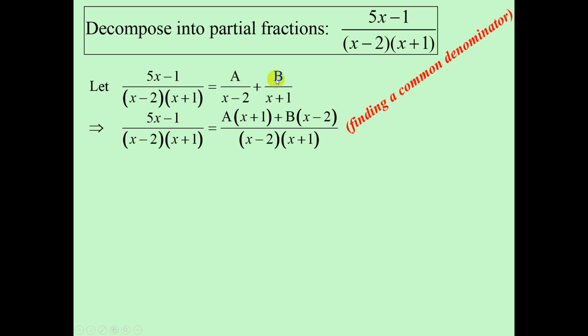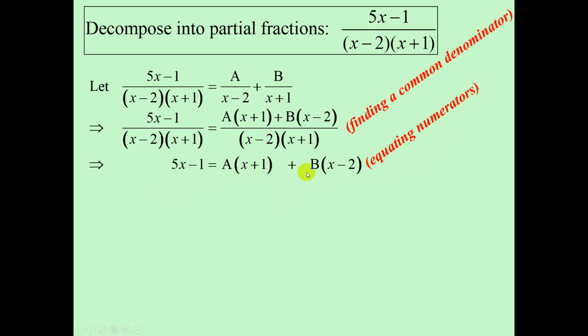We're going to take b and multiply it by x minus 2. You'll notice that the denominators are the same, so we're going to equate the numerators. We're going to drop the denominators. And that gives us 5x minus 1 is equal to a into x plus 1 plus b into x minus 2.